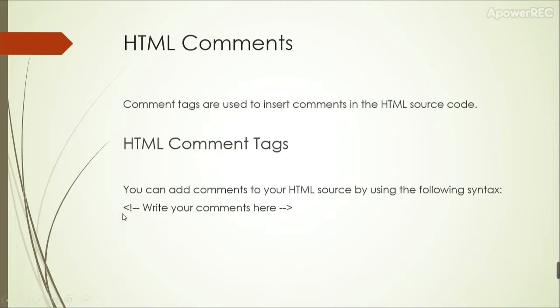For writing the comment, we always use angle bracket, exclamation sign, two dashes, then we will write comment here. After writing the comment, we need to put double dash again and angle bracket close. I will show how to use comment in the coding.